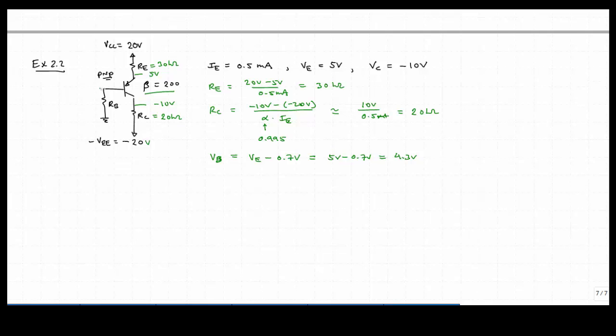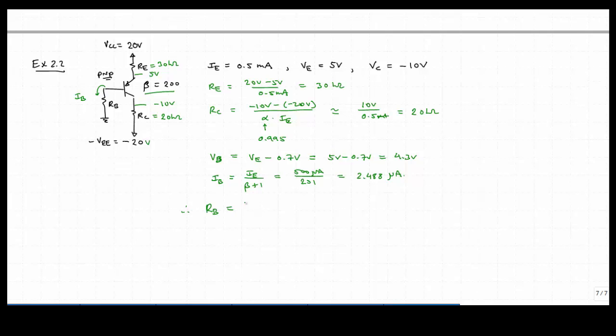And the base current, IB, will be equal to the emitter current divided by beta plus 1. So that's 500 microamps divided by 201. That is 2.488 microamps.